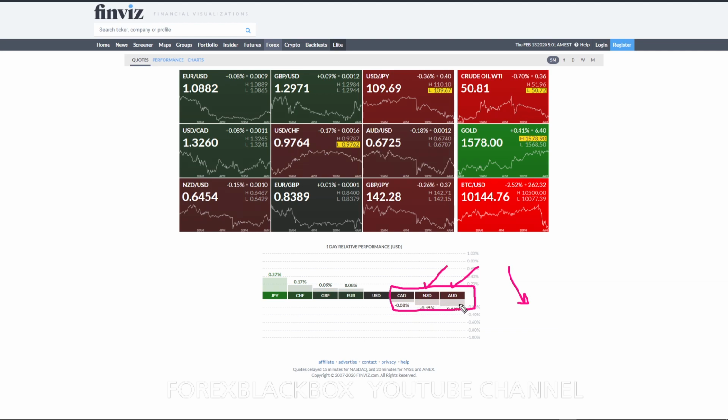The demand will be on the safe haven currencies like yen and Swiss. Sorry, let's just make it clear. These two, if the stock goes down, they'll go down with it, and these guys go up if the stock goes down. So it makes sense to trade these opposite each other. You can trade Aussie against yen, and New Zealand against yen and Swiss as well.